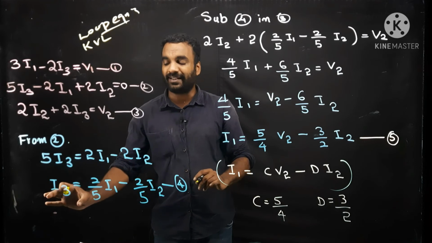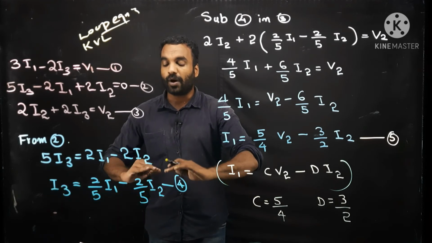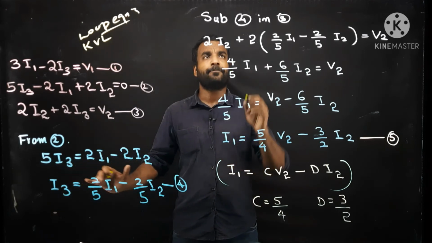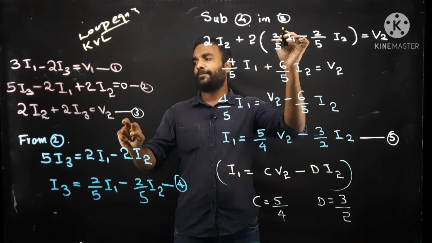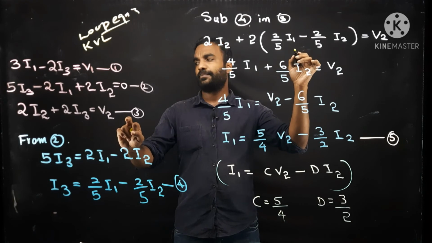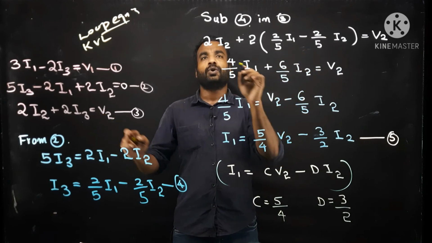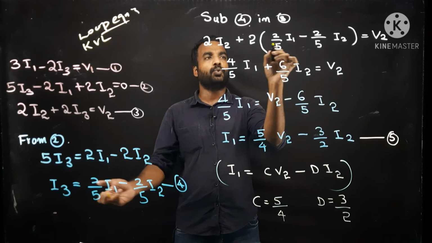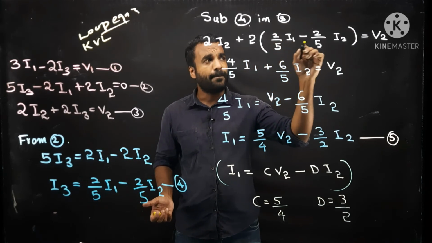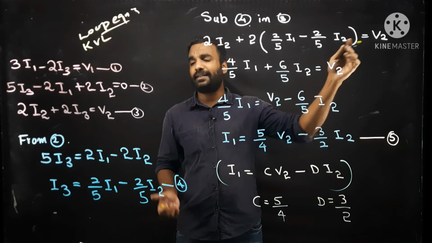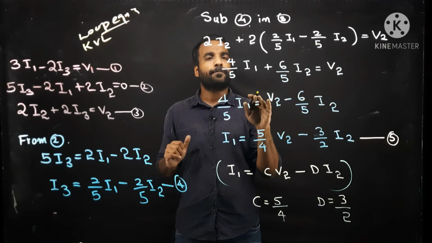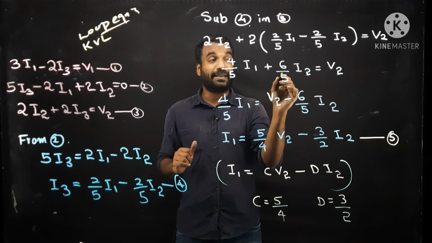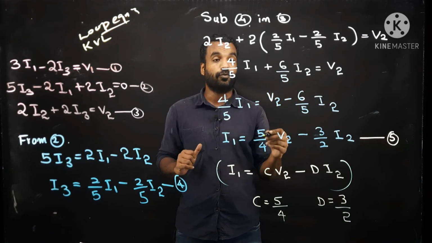Now we got I3 in terms of I1 and I2. Now I am going to substitute this in the other two equations so that I3 will be eliminated. So substitute 4 in equation 3. This is equation 3. So 2I2 plus 2 into I3, that should be substituted: 2 into 2 by 5 I1 minus 2 by 5 I2, and that is equal to V2. So please do this calculation. You get 4 by 5 I1 plus 6 by 5 I2 is equal to V2.